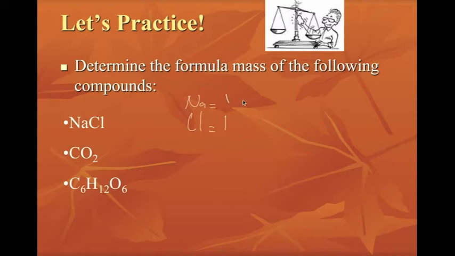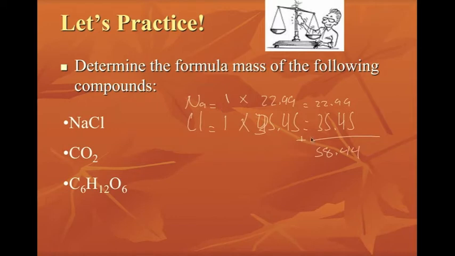Then we look on the periodic table, rounding everything to 2 decimal places, and sodium is 22.99 and chlorine is 35.45. We multiply those out to get 22.99 and 35.45, and we add those up, because remember it's a sum, and we should get something right around 58.44. And remember, it's formula mass, so the unit is going to be AMUs.